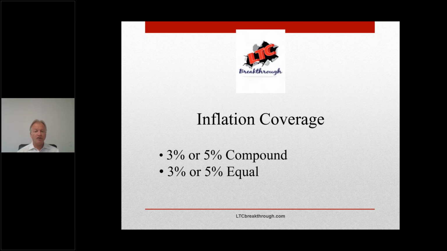The 3% or 5% equal can come into play. 5% equal has about a similar growth to the 3% compound. So depending upon your age, you may want to use 5% equal instead of 3% compound. That's why an individual phone consultation is so important when deciding on things like this. We can show you the growth of both so that you can make a good decision about which one you want to purchase.